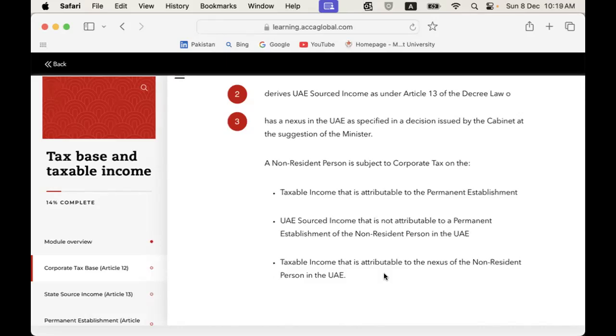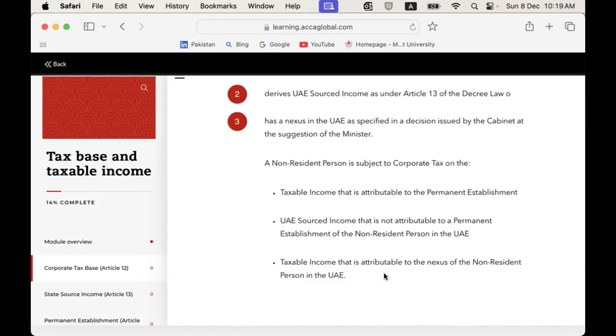Nexus, connections, yes. And that point has been covered in the UAE law, especially in decisions; one example has been given. One particular thing has been identified as the nexus of a non-resident person, a building, basically. I mentioned that in the last session as well, but people are not responding.